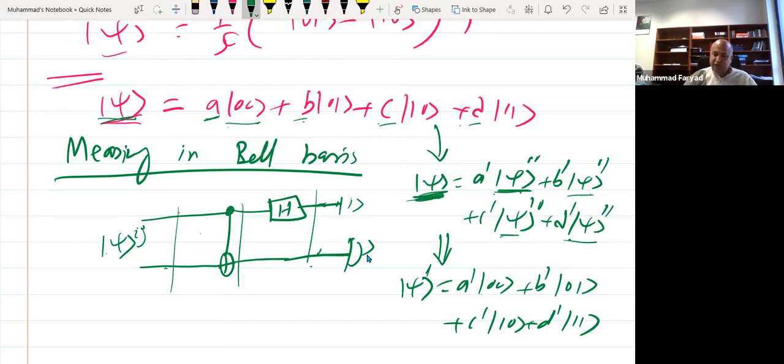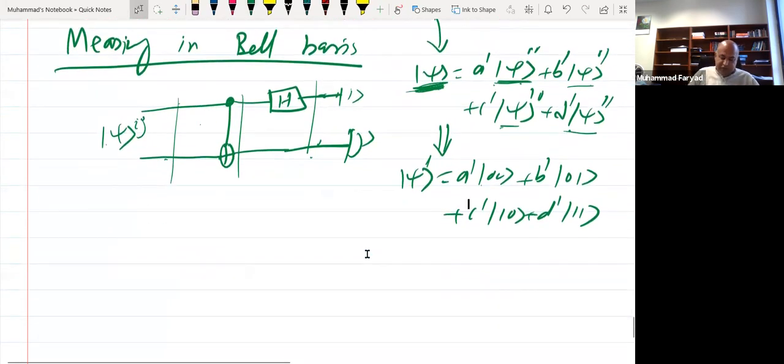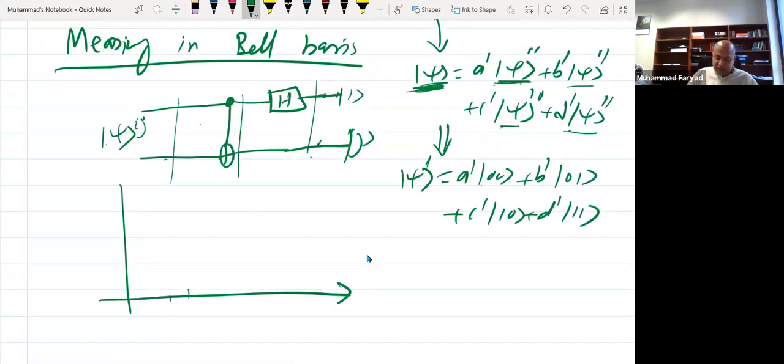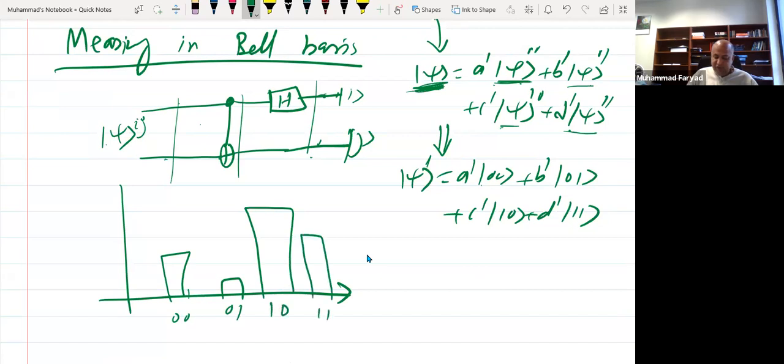So now my measurement will generate a histogram like this, that it will measure, let's say, 0, 0 state with some frequency, and 0, 1 with something, and maybe 1, 0 with something, and 1, 1 with something.